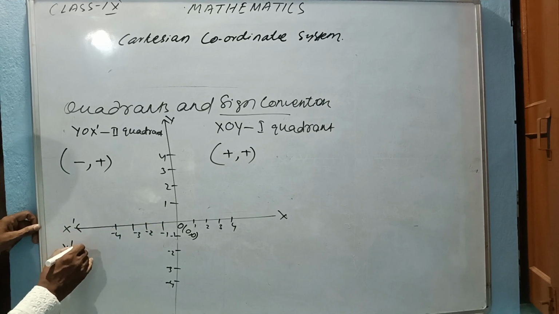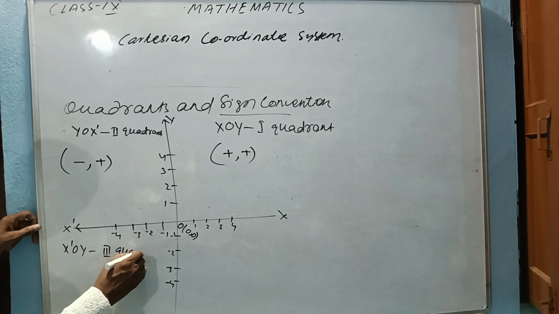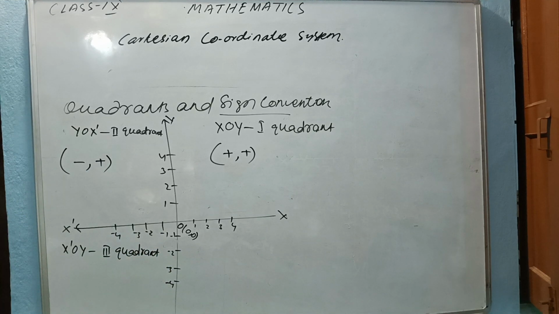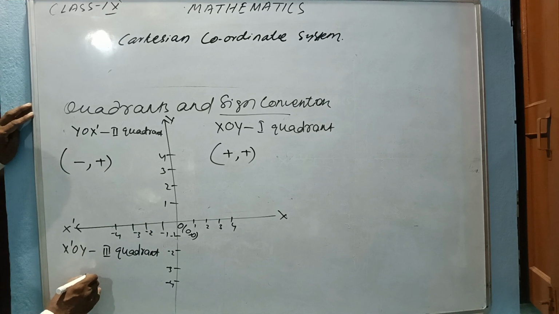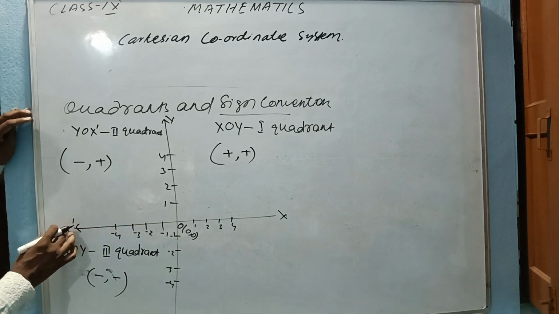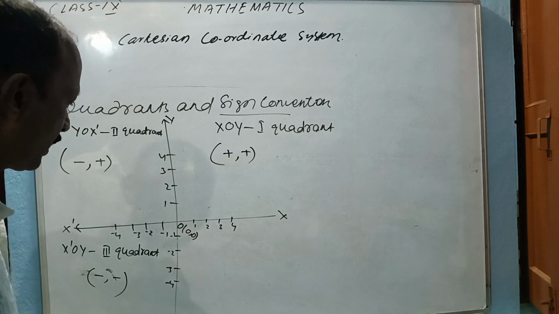Similarly, now x dash o y. This is the third quadrant. In this third quadrant, the sign convention for the x-axis will be minus, and the y-axis also will be minus, because this is the negative x-axis and this is the negative y-axis.